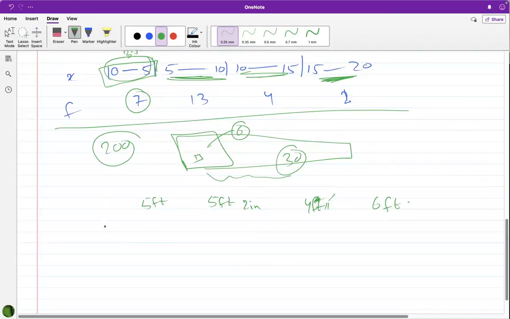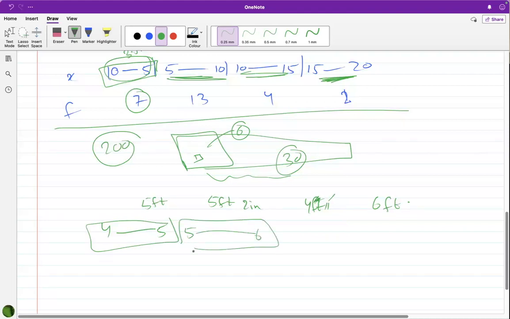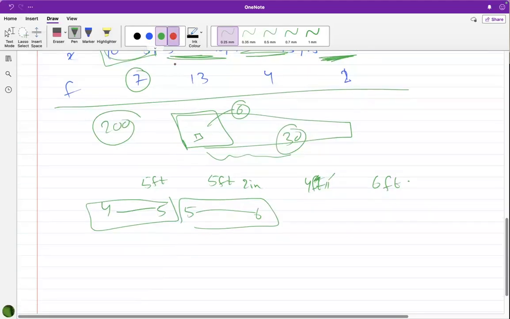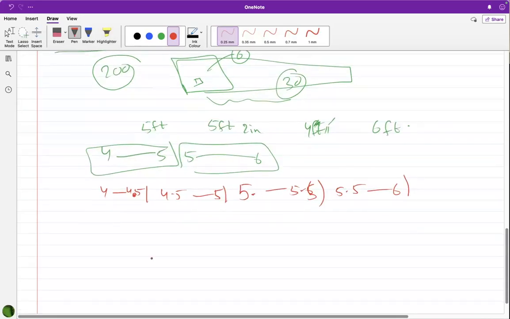But what we can do is, we count how many are from 4 to 5 feet, and then from 5 to 6 feet. So we may have two different classes, or we may split them depending on the data. We split them from 4 to 4.5, and then from 4.5 to 5, and then 5 to 5.5, and then from 5.5 to 6. And how do we write them exactly?